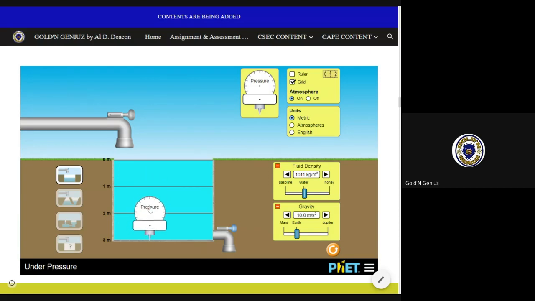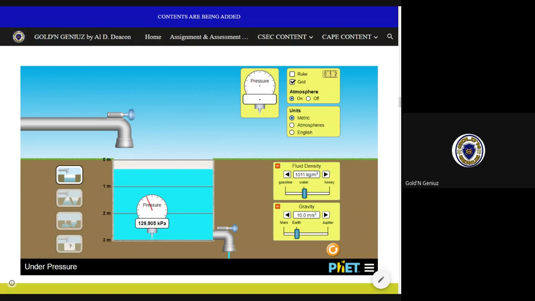Now, at level 3, I am at 133.488 kilopascal. Now, let's see what happens when I run out the water. Let's pull it back up. Take my time.